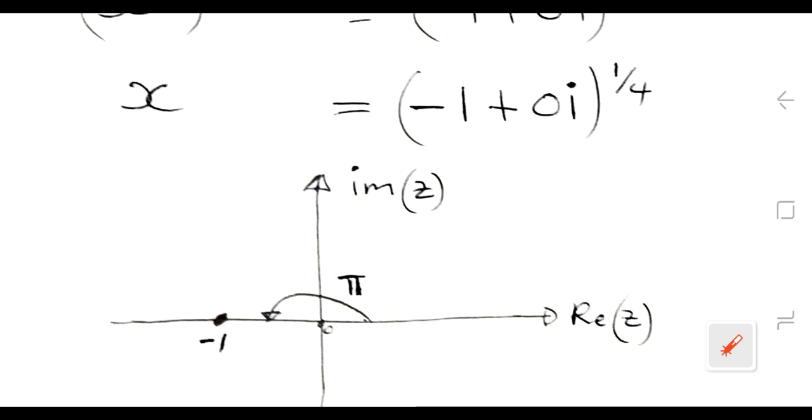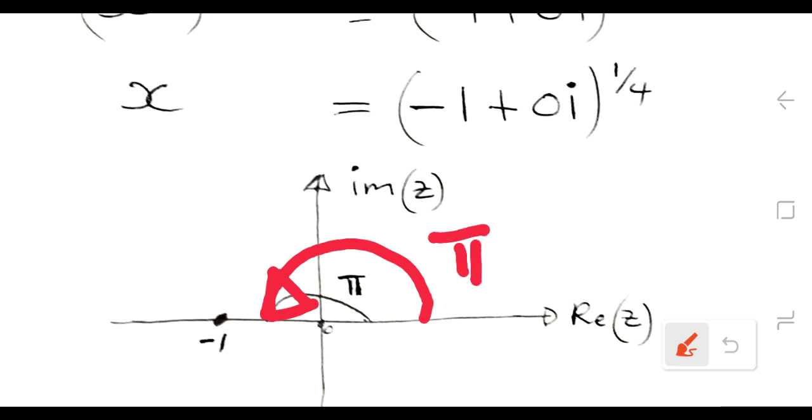We can see that this is negative 1 on the real side, so the point is negative 1. But it did not move anywhere in the y. The y, which is the complex imaginary, was just 0. That's why it just moved to the left. So the angle is this angle from there to there, which is pi.